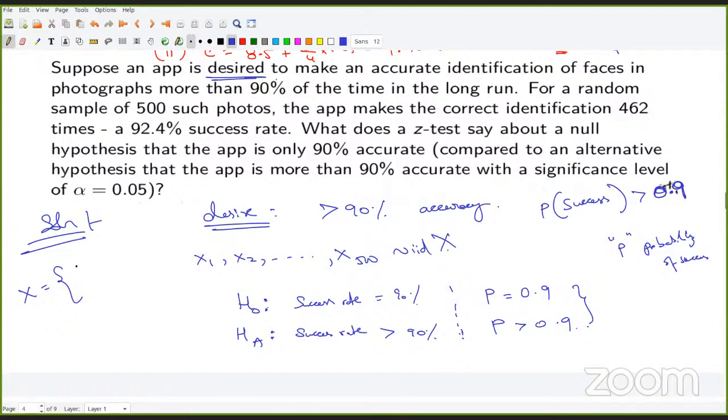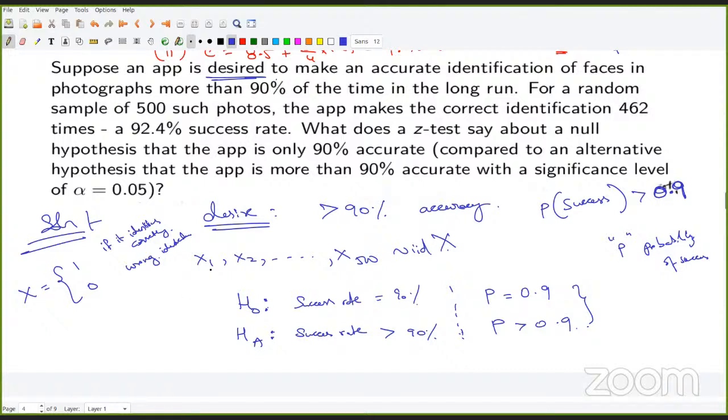So I will take 1 if it identifies correctly, and 0 for wrong identification. So X is randomly taking one photo.